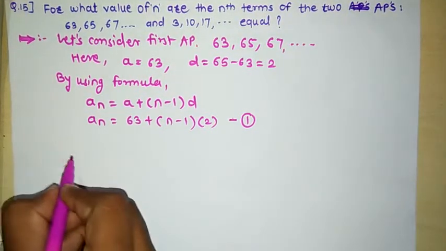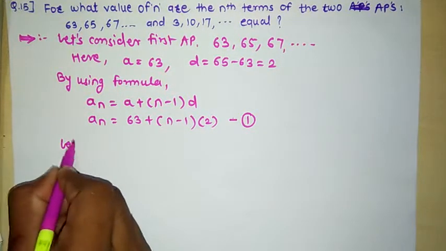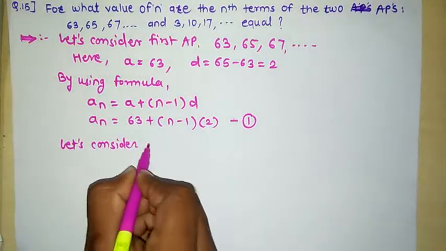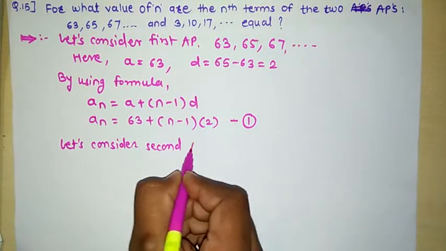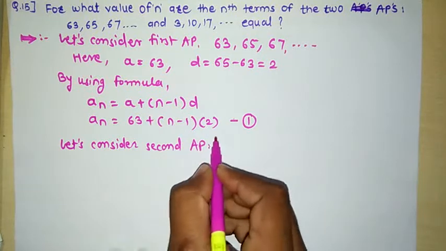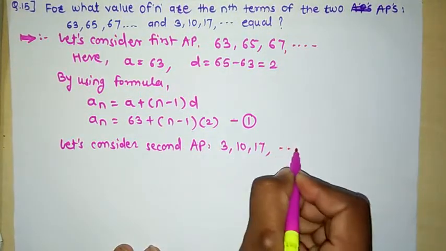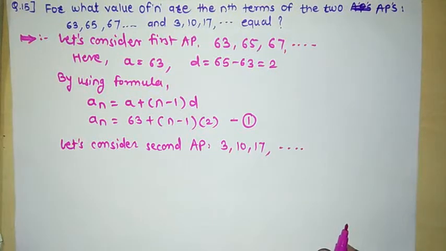Now let us consider the second AP also, that is 3, 10, 17 and so on.